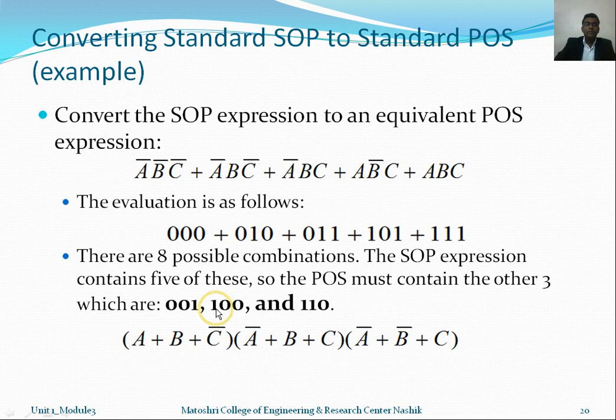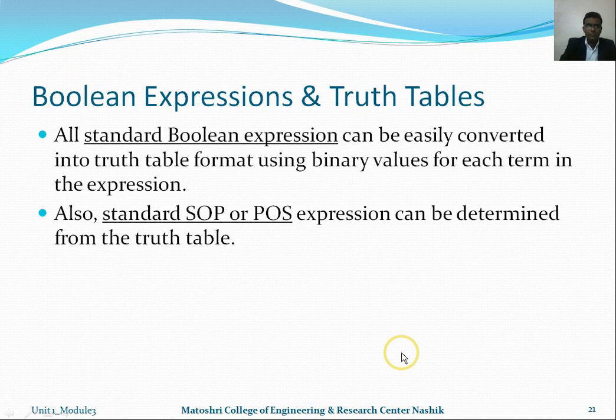In the next, A is complemented, B and C are not complemented, 0 0. For 1 1 0, A and B are complemented, but the third variable C is not complemented because it is 0. In this way we get the remaining 3 values for the POS form. So these are the SOP expression terms, and converting into POS we get these 3 POS expressions.